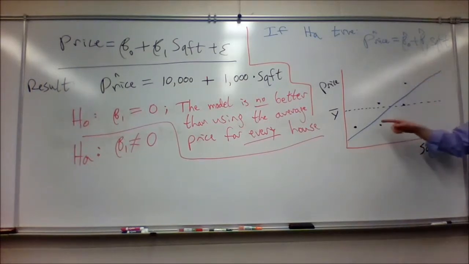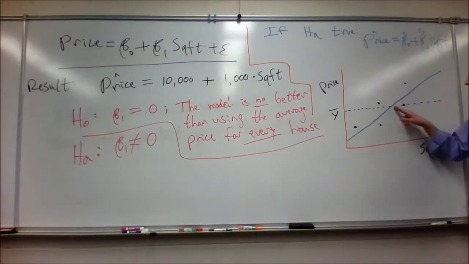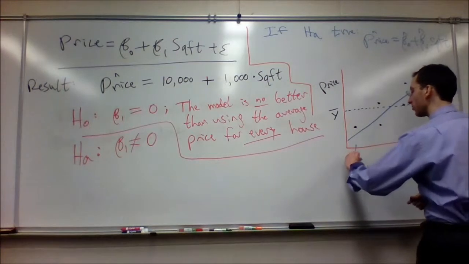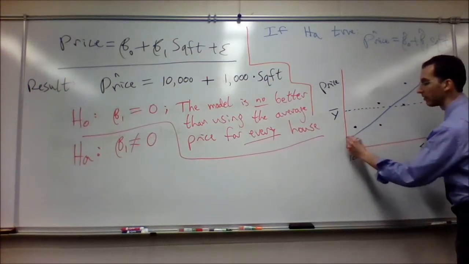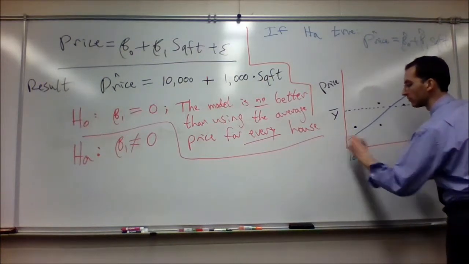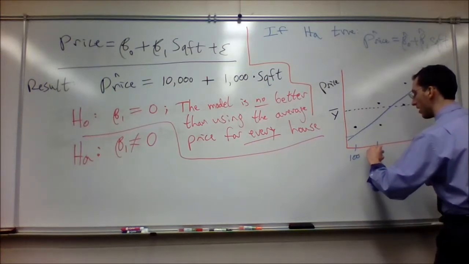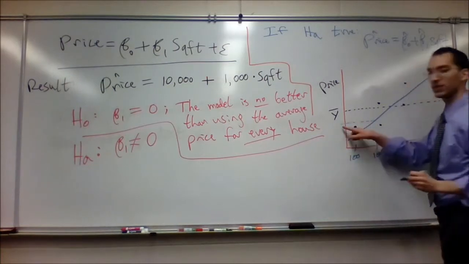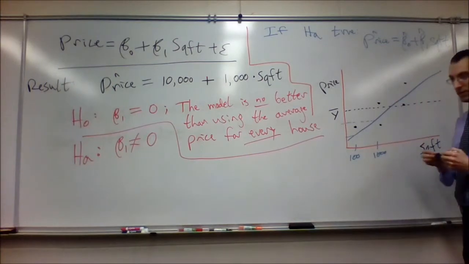And what it is saying is that depending on which square feet I'm at, the predicted average value is going to change. So for a house at, say, 10 or 100 square feet, that is going to have some average price. For a house at just, say, 1,000 square feet, that is going to have a different average price, going all the way up.